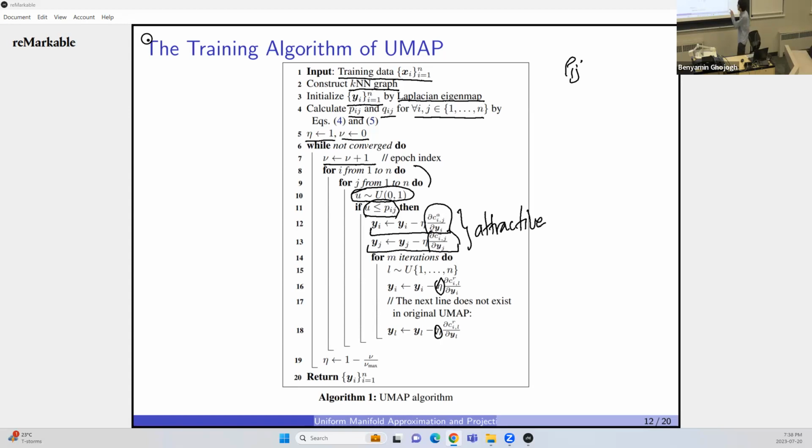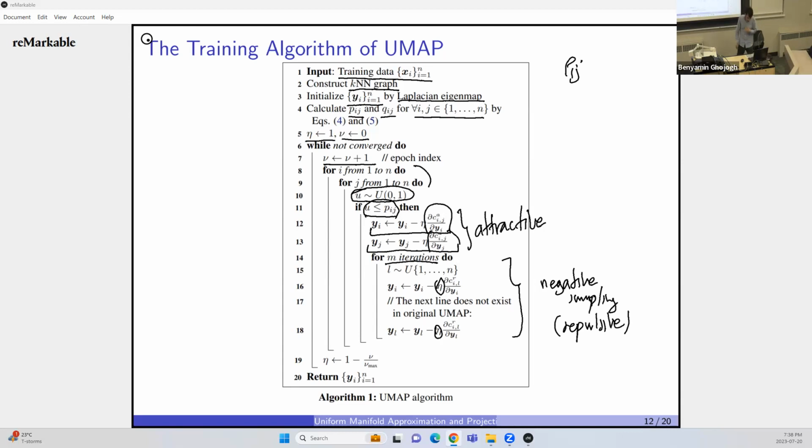For similar points we are doing this, but this last form is for negative sampling or repulsive forces, right? For m iterations. Why? Because rather than considering all of the pairs of negative points, I'm only considering m of them.